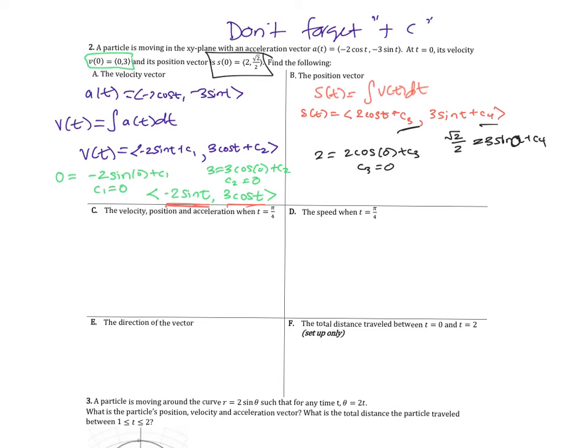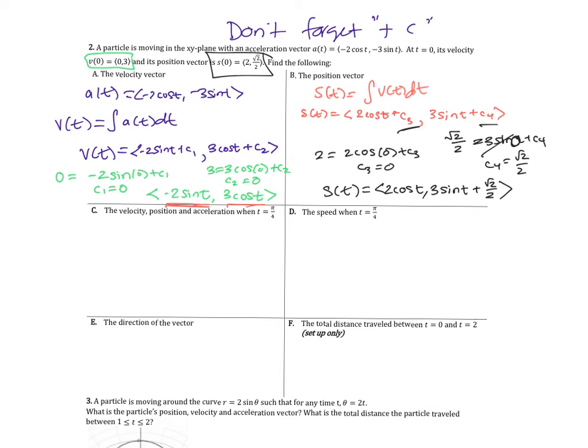Sine of 0 is 0. So c4 is just root 2 over 2. So my position vector is going to be 2 cosine of t, comma, 3 sine of t plus root 2 over 2.